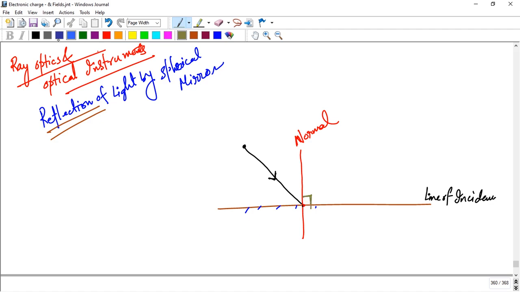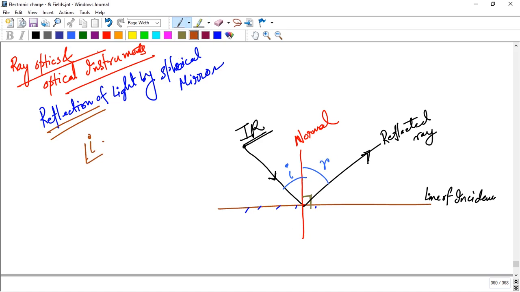After striking, the incident ray goes back into the same medium, and this is called the reflected ray. This is the incident ray, IR stands for incident ray, and the angle between the incident ray and the normal is I, the angle of incidence. The normal and the reflected ray make angle R, called the reflected angle, and the law of reflection says that I equals R. This is the point of incidence.